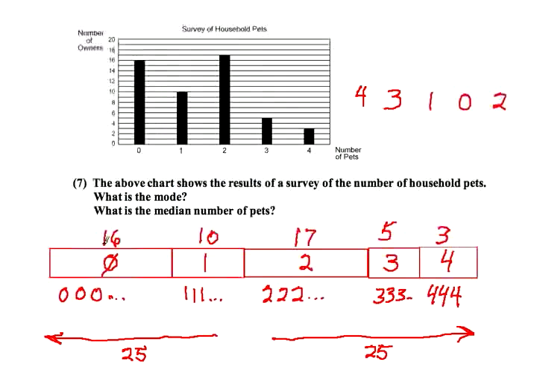So all you have to do is find out which group the 26th observation is in. So if you add these, 16 plus 10 is 26. So the 26th observation, the median, is the last one in this group. So the median is 1.